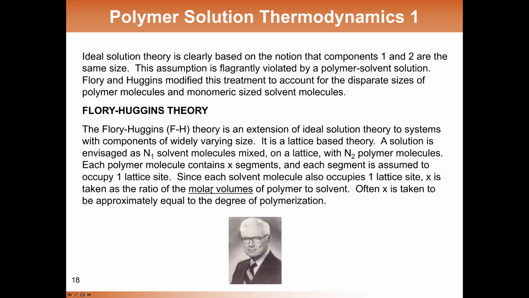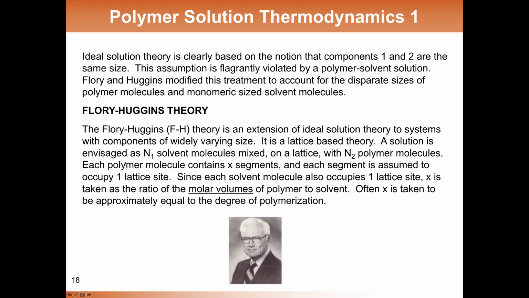X is often taken as the ratio of the molar volume of the polymer to the solvent, and you'll often see it said in many texts equal just to the degree of polymerization of the polymer. That is, how many monomer units are in a given polymer chain. And so you can think about X being approximately the number of monomer units that are in a given polymer chain, and each monomer unit occupies one lattice site like a solvent molecule.